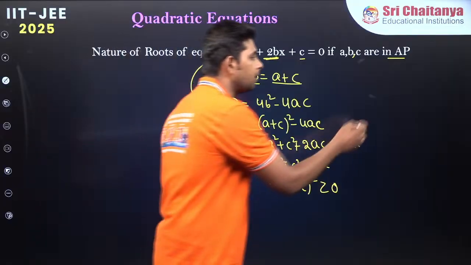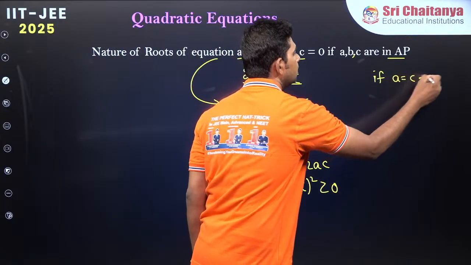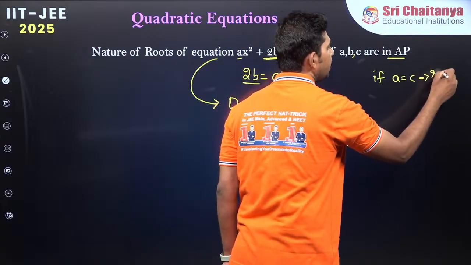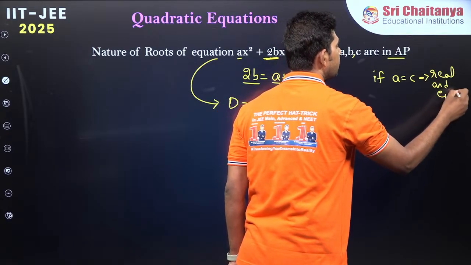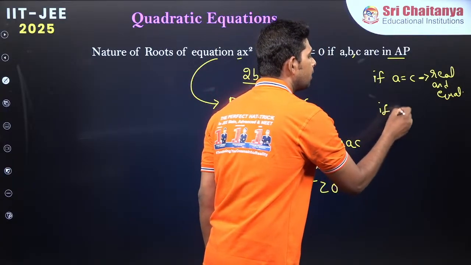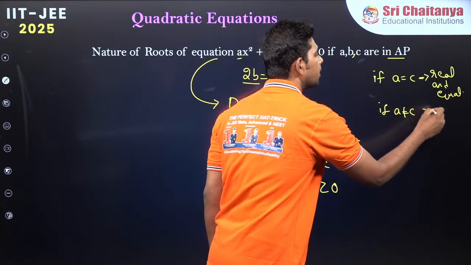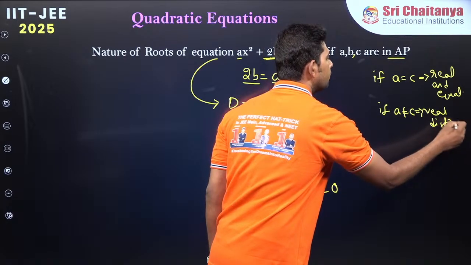You are going to end up with two cases. If a equals c, then your roots are going to be real and equal. In this case your discriminant equals 0. What if a is not equal to c? If a is not equal to c, then they are going to be real and distinct, different roots.